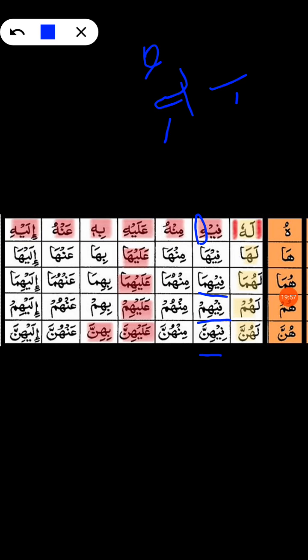So here we have fi he, and you can see that we have the sound of E right behind it. So it's going to be fi he and not fi hu. Similarly, it's going to be fi hima and not fi huma. Why? Because the sound right before this ha is E. Similarly, fi him, not fi hum; fi hinna, not fi hunna.